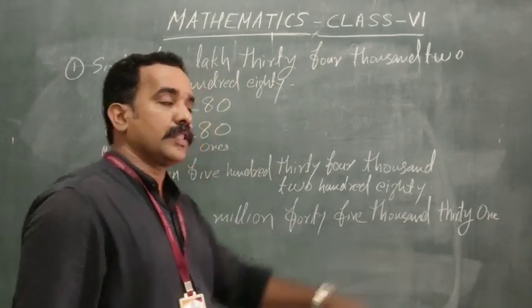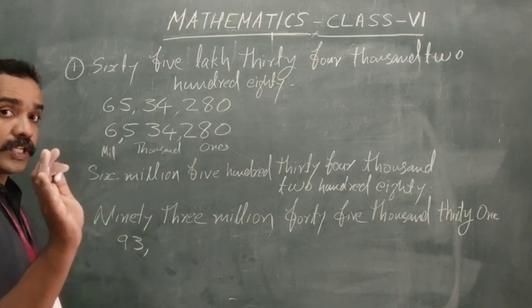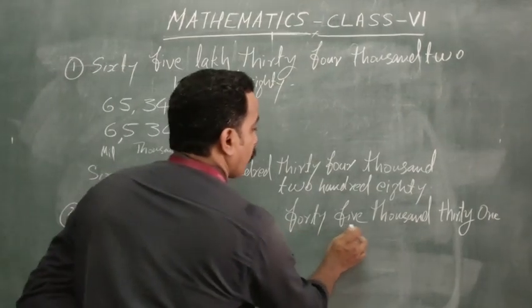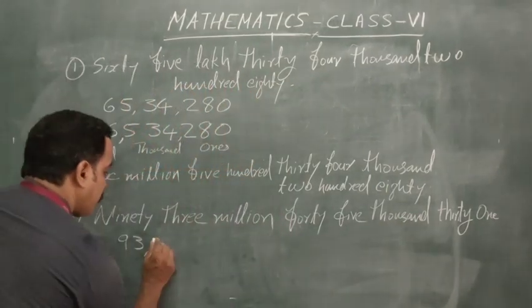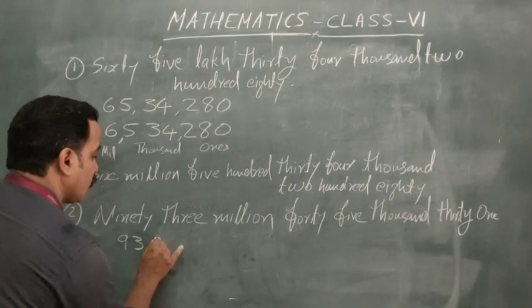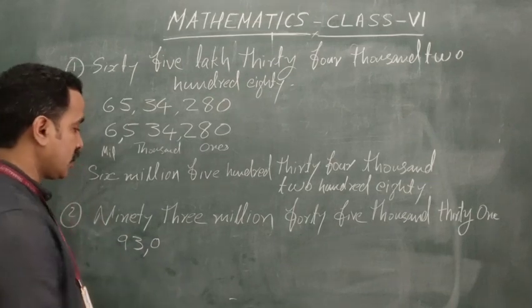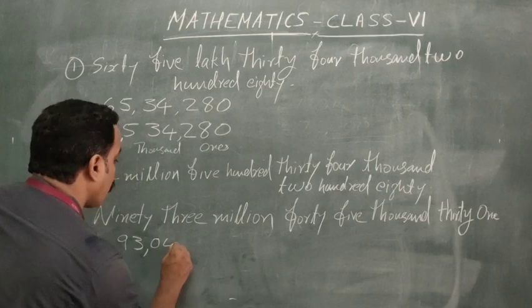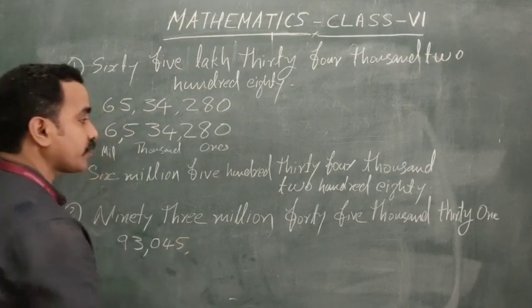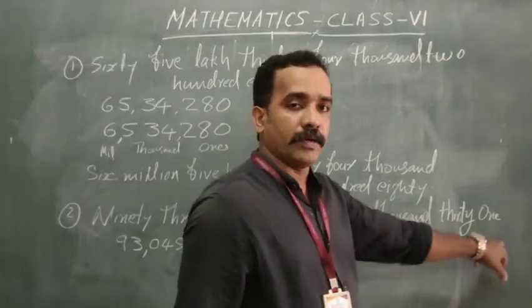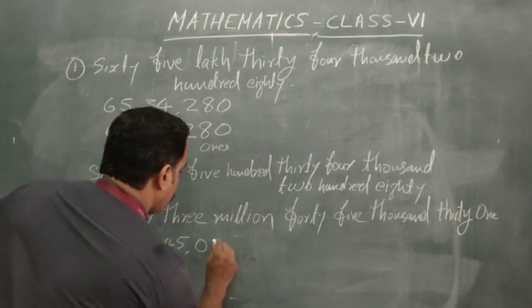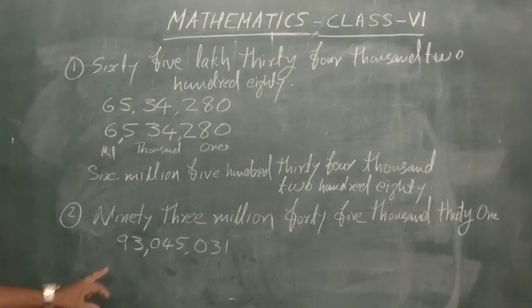Then the thousands group, actually 3 digits must be there, but here only 45,000. The hundreds place in thousands, that is the 100,000 place, is 0. So 045,000. Then 031, there also the hundreds place is 0.